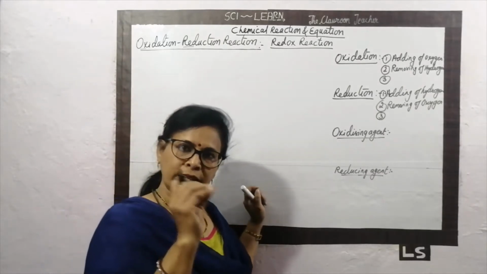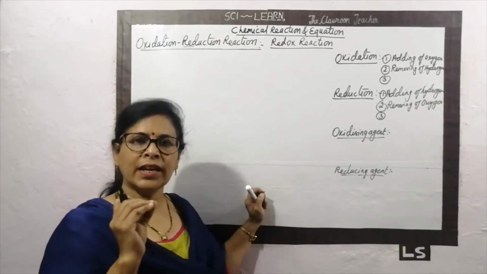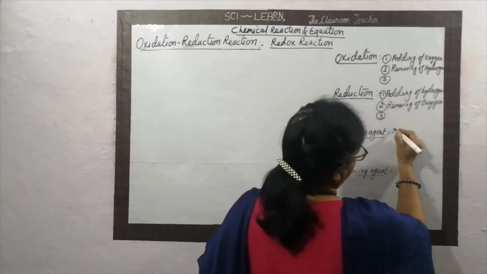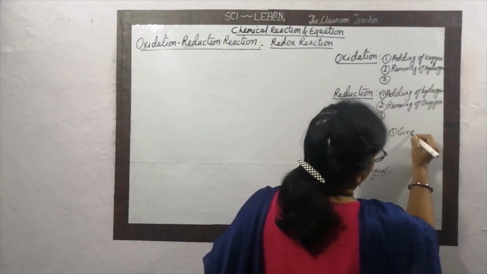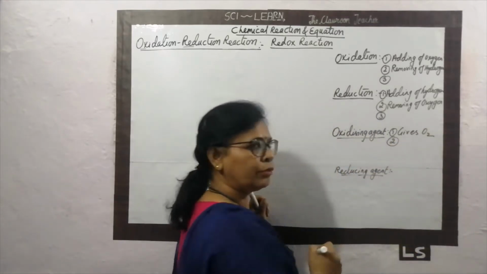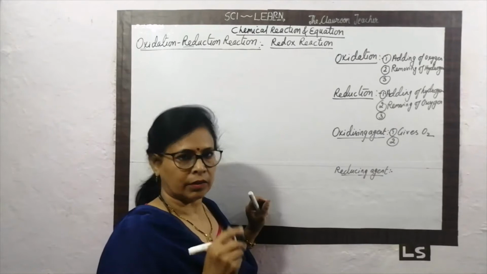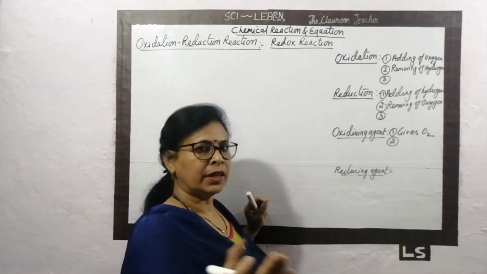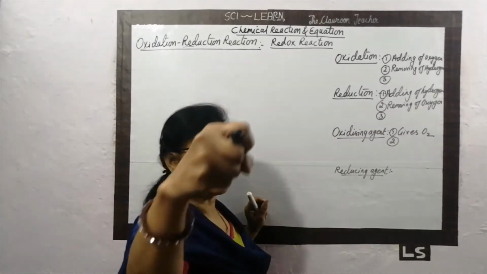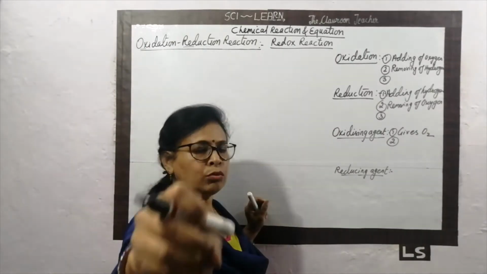So what is an oxidizing agent? Oxidizing agents are the agents which give oxygen. Why do they give the oxygen? They give the oxygen for oxidizing another substance. It means they pick up oxygen from here and give that oxygen to another one.